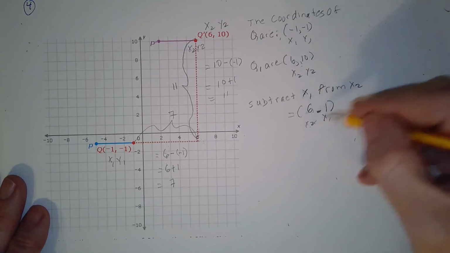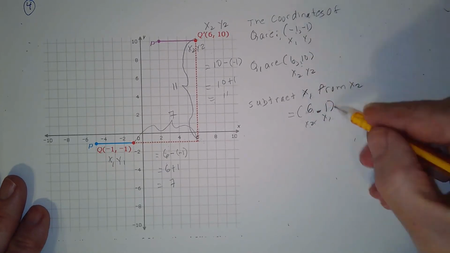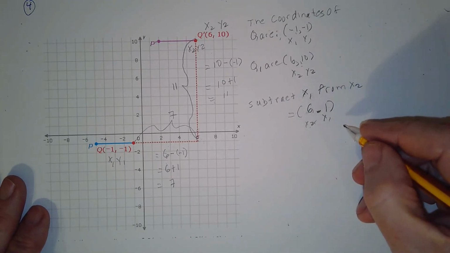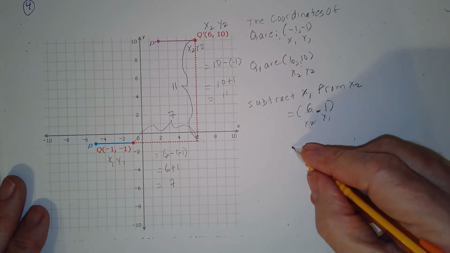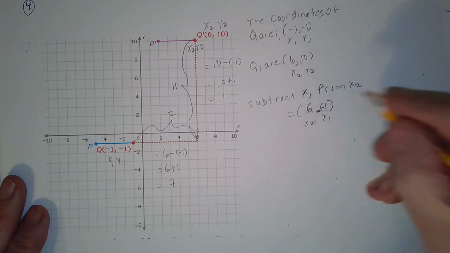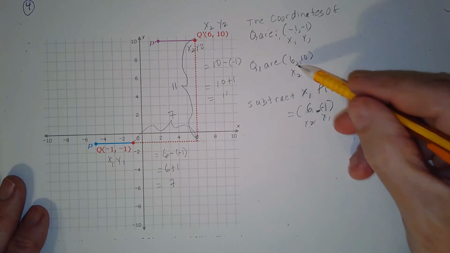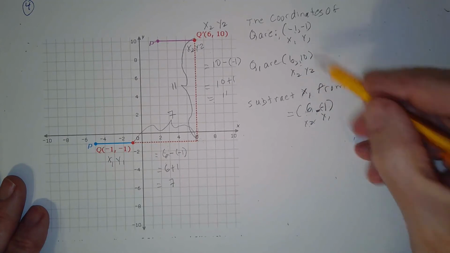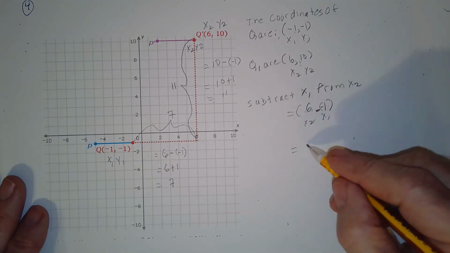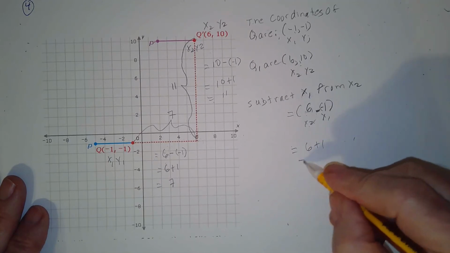x2 is 6. x1 is -1, so I've got those down. So 6 minus -1. There we go. So again, 6 subtract -1. So 6 minus -1 equals 6 plus 1, which equals 7.